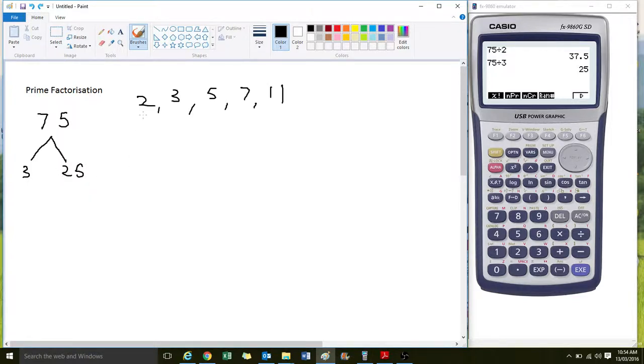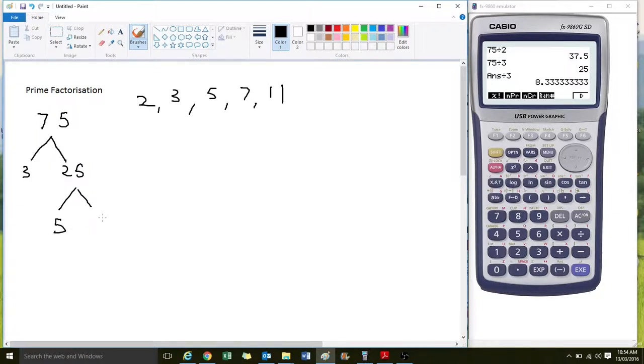We've already tried 2, so we're not going to be able to divide 25 by 2 either. Can we divide 25 by 3? You can check on your calculator, but we realize we can't do that one, so we try the next prime number, which is 5. Of course you can divide 25 by 5, because 25 is just equal to 5 times 5.